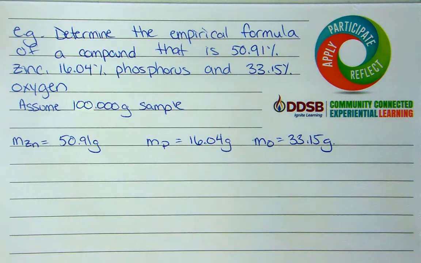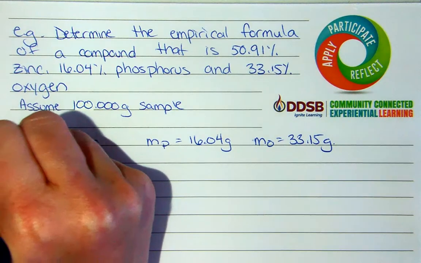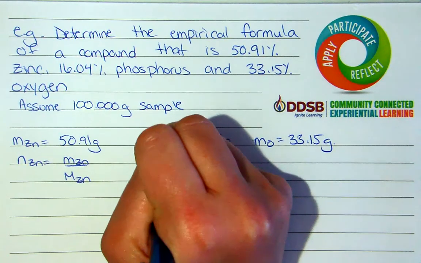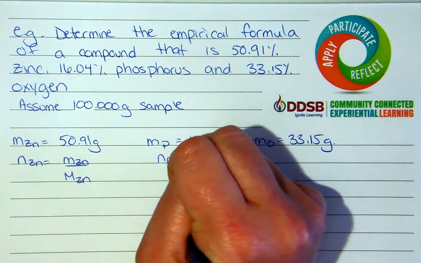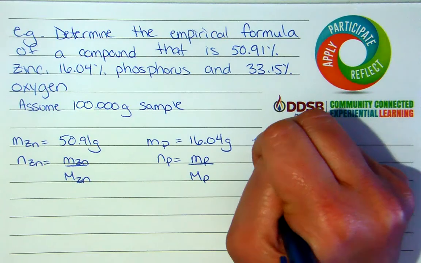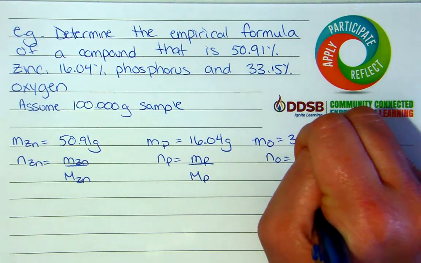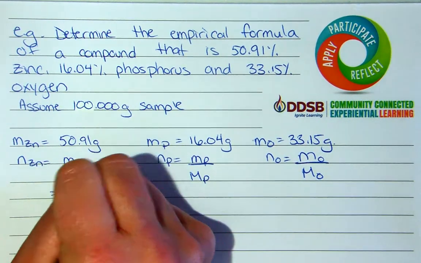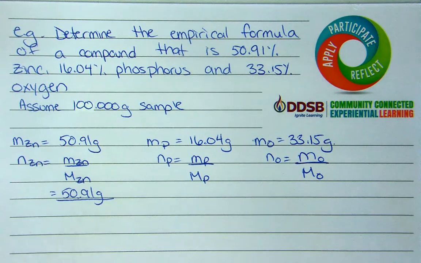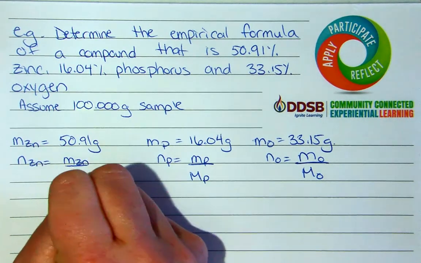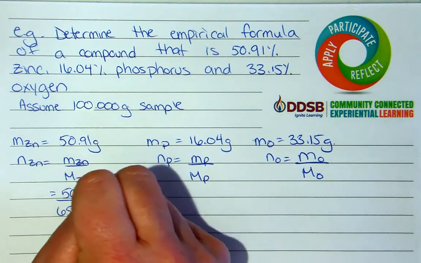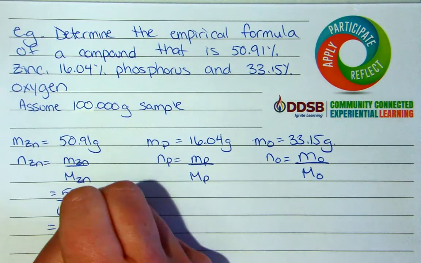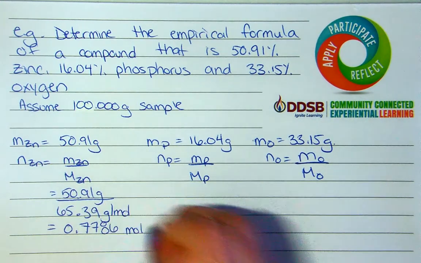Step 2 is to find the number of moles of each. Okay, so I take the mass of zinc and I divide it by the molar mass from the periodic table, which is 65.39 grams per mole, which gives me 0.7786 moles.